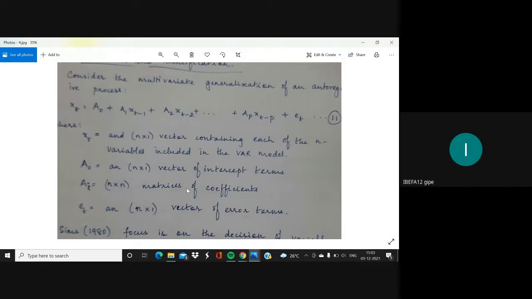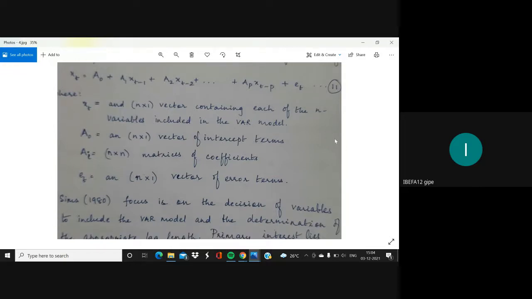I hope this is clear to all of you. Each of these will be n by n matrices of coefficients, each associated with the particular lag that we are considering. Then et here is an n by 1 vector of error terms. Since there are n time series or endogenous variables in a VAR model, you will have n error terms associated with them.